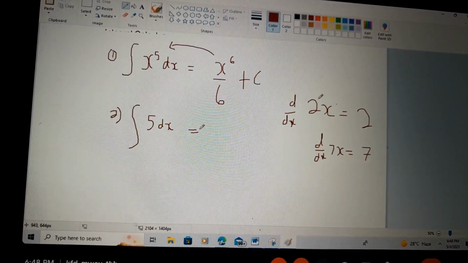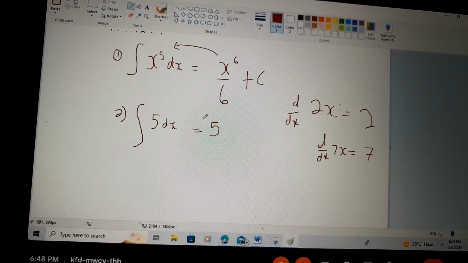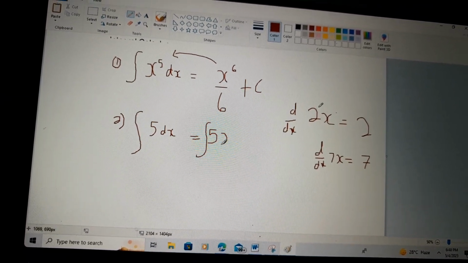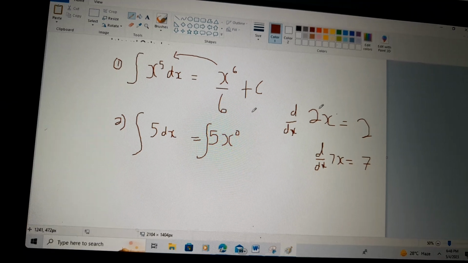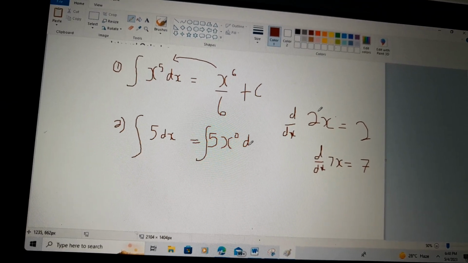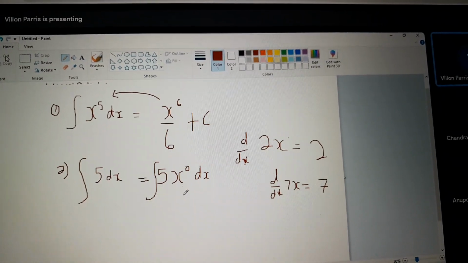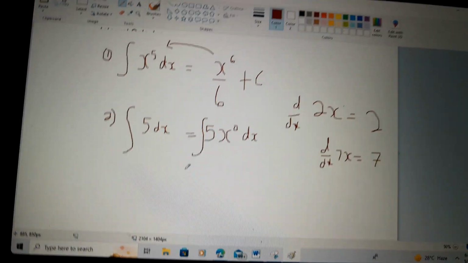Now I'm going to show you why it's 5x. So as it stands, what we are asked to find is the integral of 5x to the 0 power, because we know x to the 0 power is 1, isn't that so? Yes, sir.